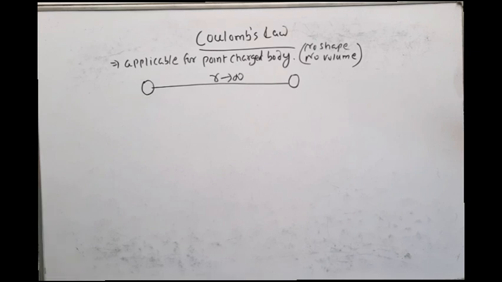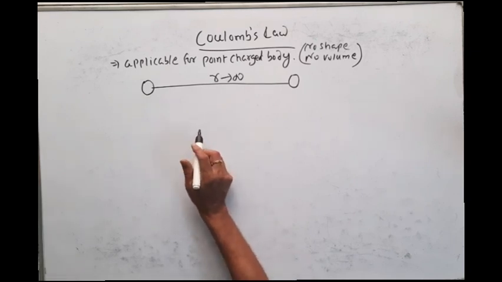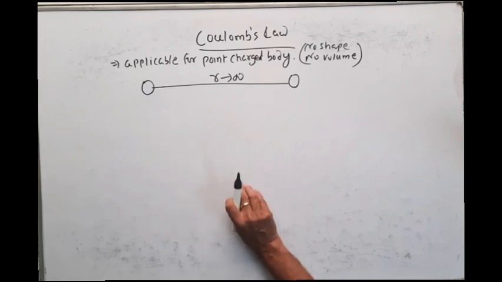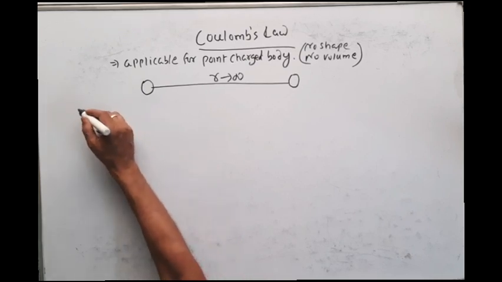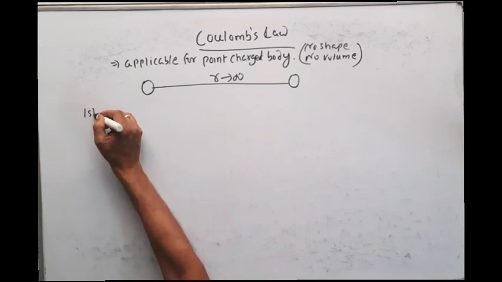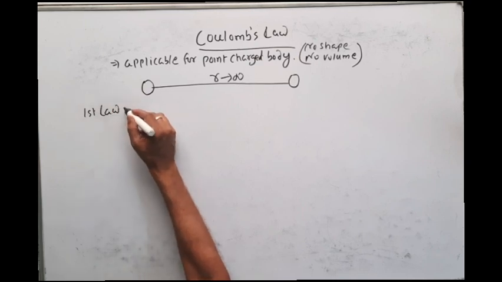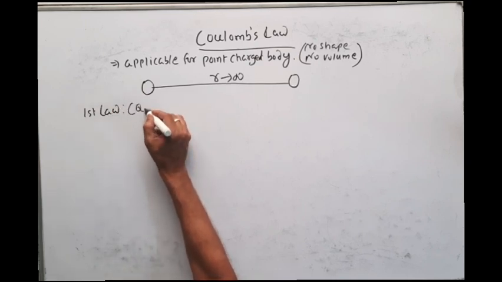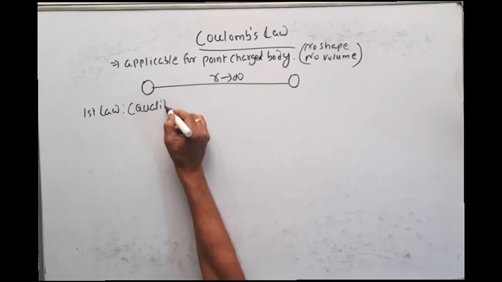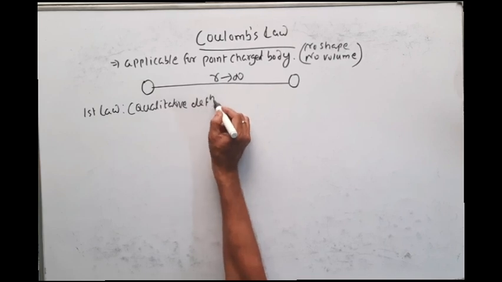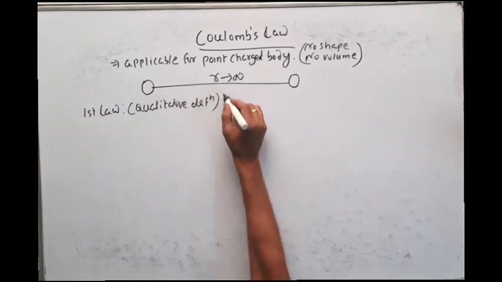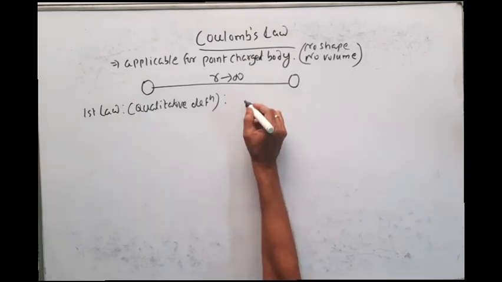Every law has two parts: one is the qualitative law, the other is the quantitative law. Coulomb's first law gives the qualitative definition. So what is Coulomb's first law?